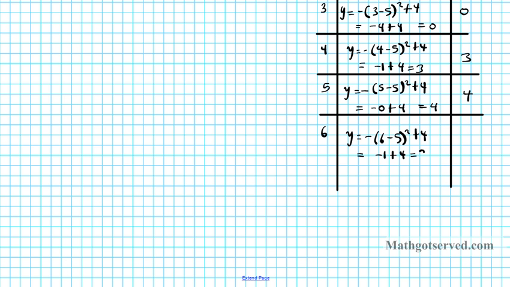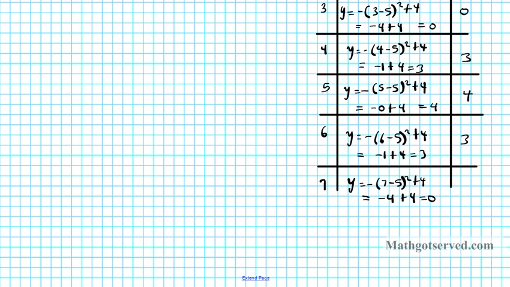So output here is 3. Notice that there's a symmetry going on here with our quadratic function. And then we plug in the last one, which is 7. We have y equals negative (7 minus 5) squared plus 4. 7 minus 5 is 2. If you square that, you get 4, so you have negative 4 plus 4, and that equals 0.